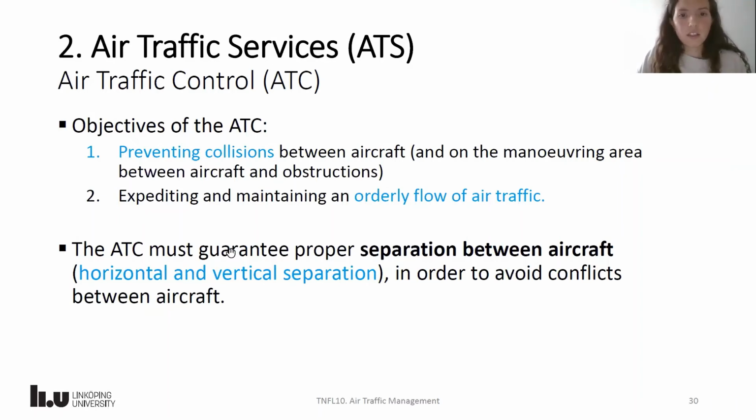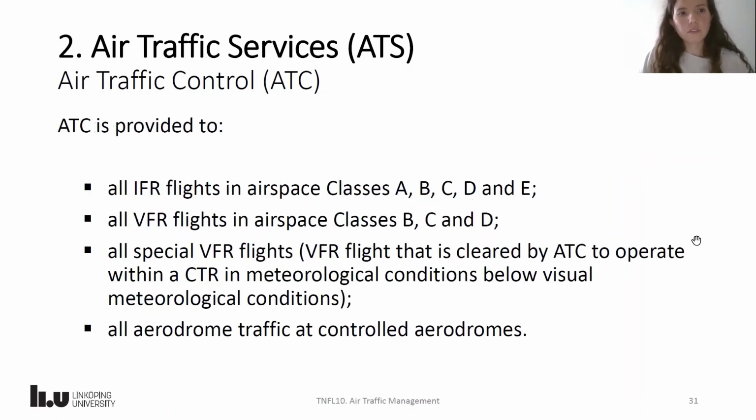As I said, they must guarantee separation, and there is a horizontal separation that must be given and a vertical separation. ATC is provided to all instrument flight rules flights in this airspace over here, basically all controlled airspaces.